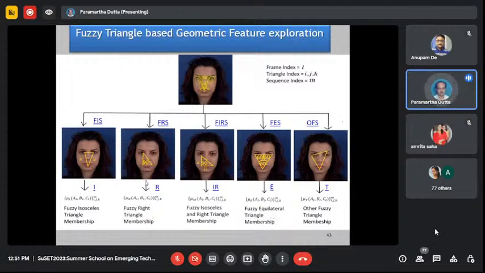Other than these, there is the other category, which is none of these, which is other fuzzy triangle membership, or other fuzzy triangle. So particularly dealing with a triangle which is not going to get close to any one of these earlier four.